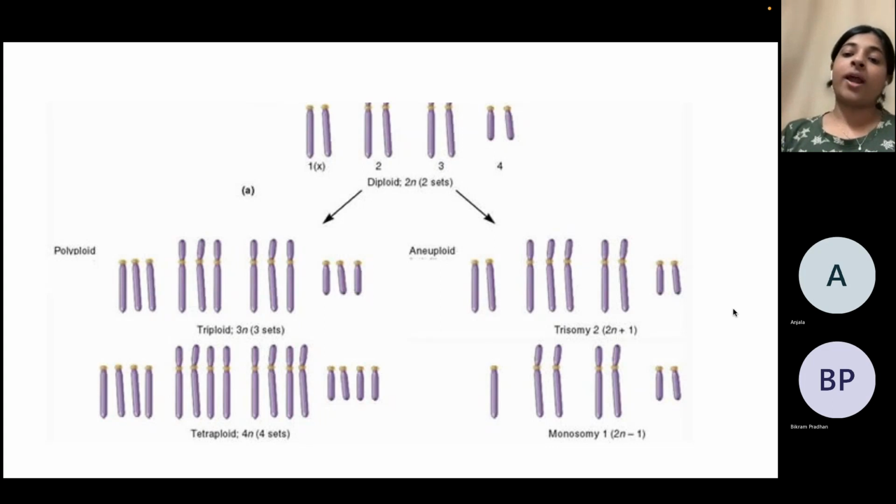In aneuploidy, there is an addition or a depletion of one chromosome in the entire set of chromosomes. We can see here that only in chromosome number 2, there are 3 copies. Remaining all chromosomes are normal. This is called trisomy, and because it's in chromosome 2, it's called trisomy 2. Similarly, here, because chromosome 1 is depleted of a copy, it's called monosomy 1.